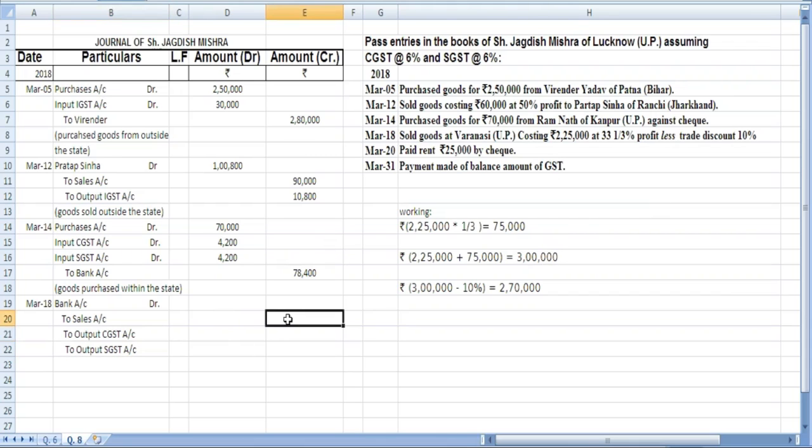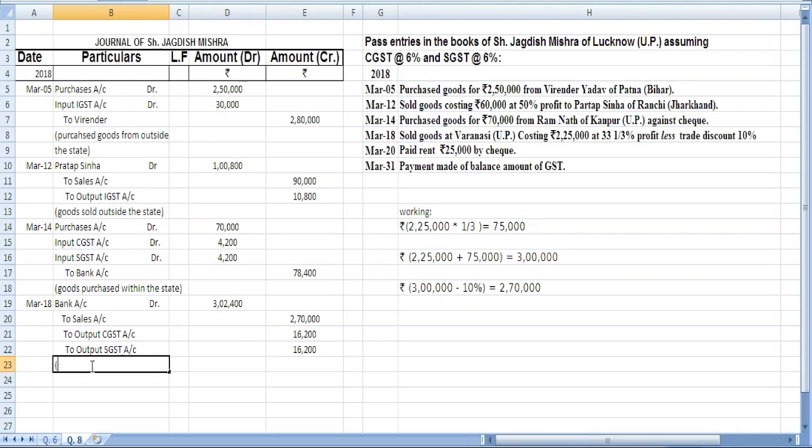So we can write here sales is 2,70,000. 12% of 2,70,000, sorry, 6% will be 16,200, 16,200, and the total will come here as 3,02,400.